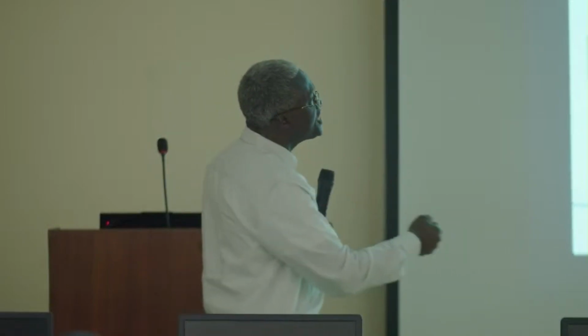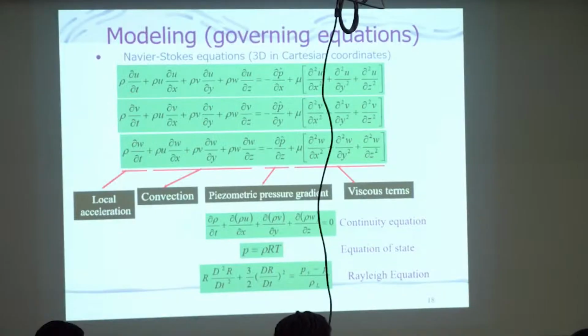The first equation basically represents the equation in the x direction. The second equation represents the Navier-Stokes equation in the y direction. And the third equation basically represents the equation in the z direction. They all look similar apart from the fact that you have a u term on top, a v term in the second equation, and a w term here.